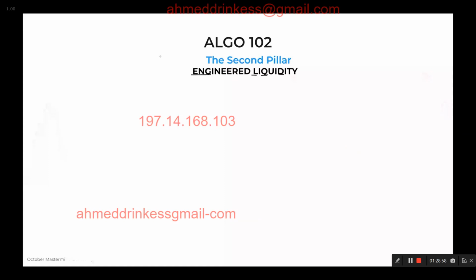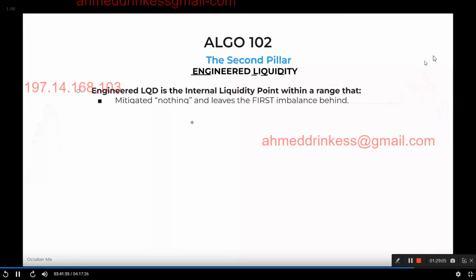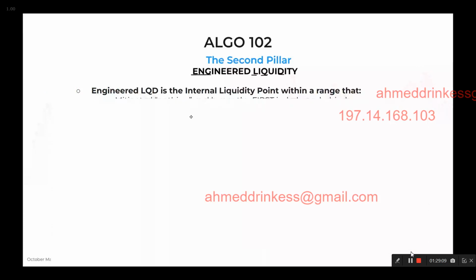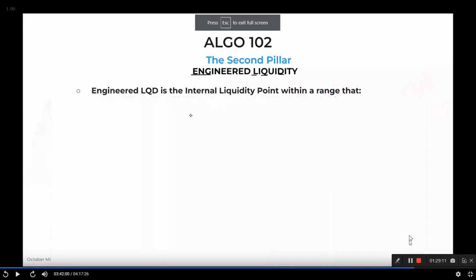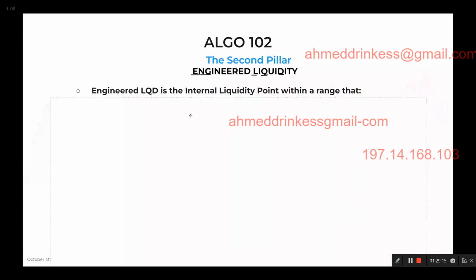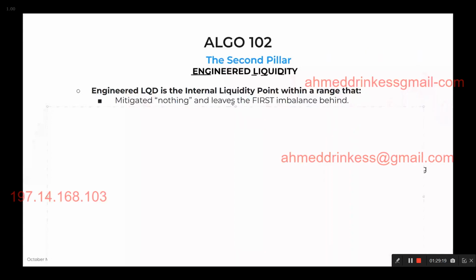ENG LQD. What is it? Engineered liquidity is the one specific internal liquidity point within a range that mitigated nothing and leaves the first imbalance behind.